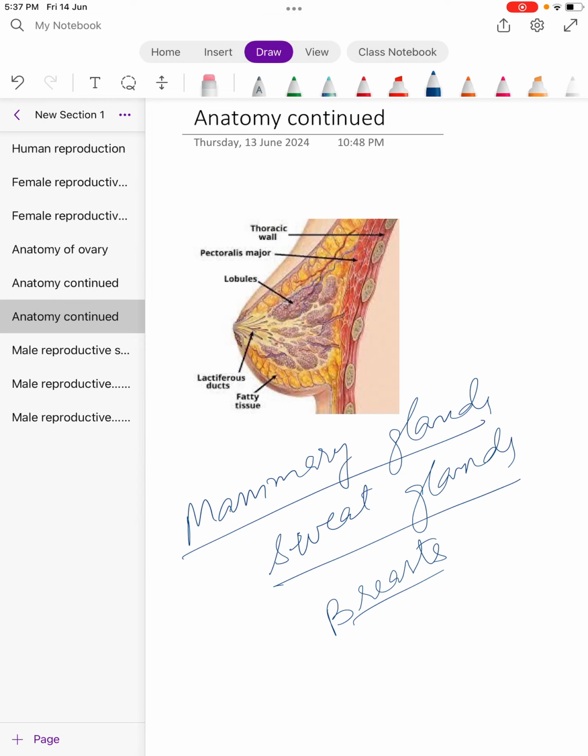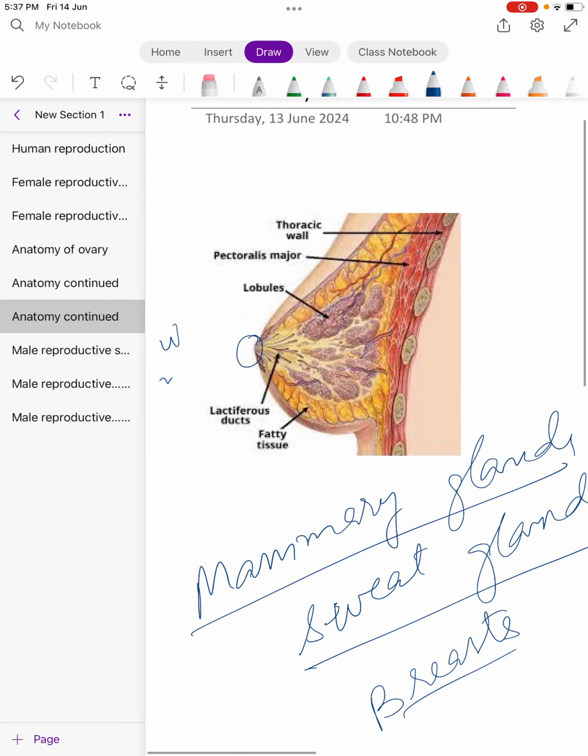A breast has a multiporous tip which is called the nipple, which is surrounded by a very sensitive skin or the pigmented area called the areola.